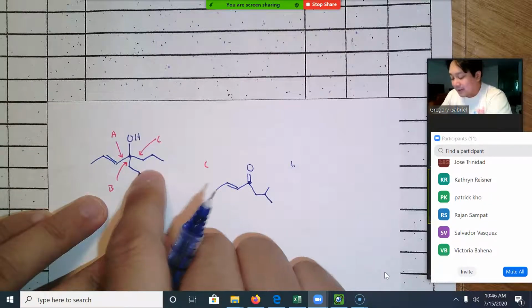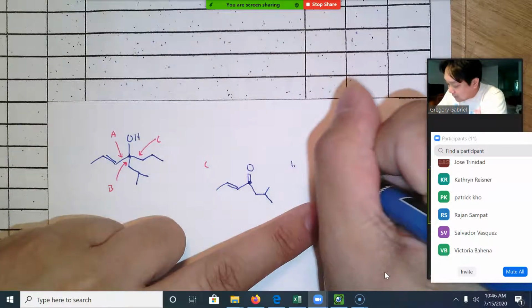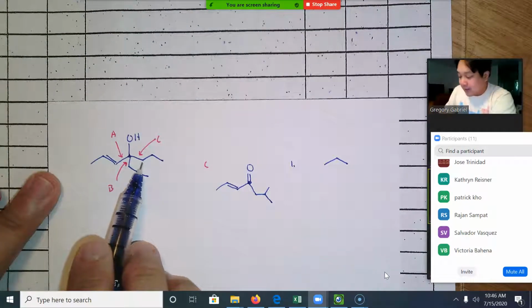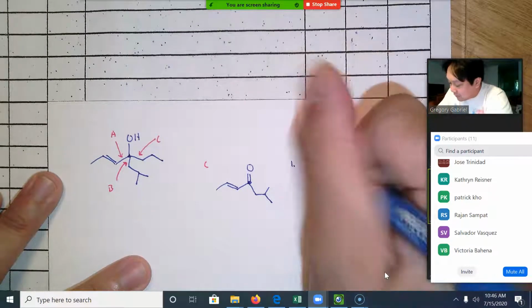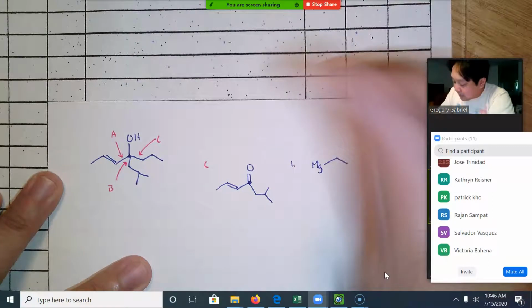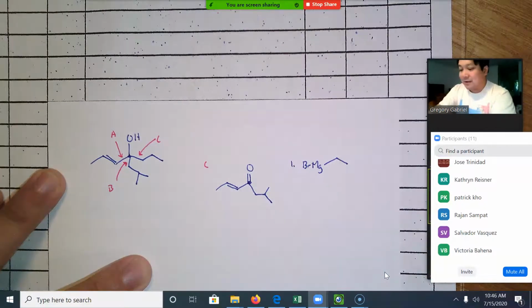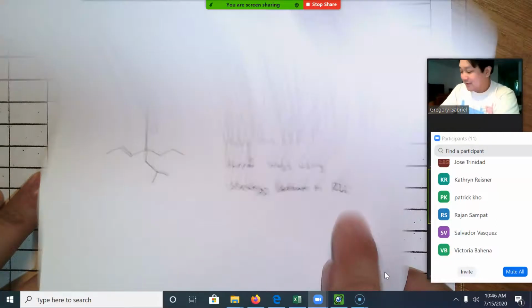My MgBr, I'm going to try to put it on the left because I'm attaching this carbon to the dot. So how would I do this? It's MgBr. The carbon has to be attached to the metal, but the Br stays for the organolithium. That makes things a little bit easier.